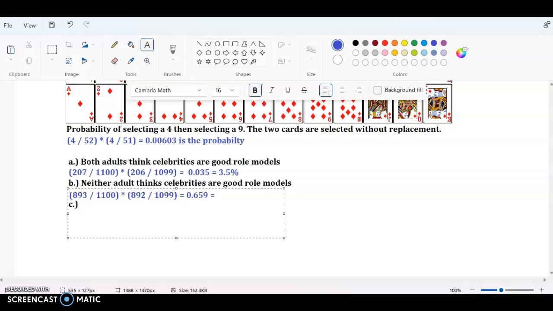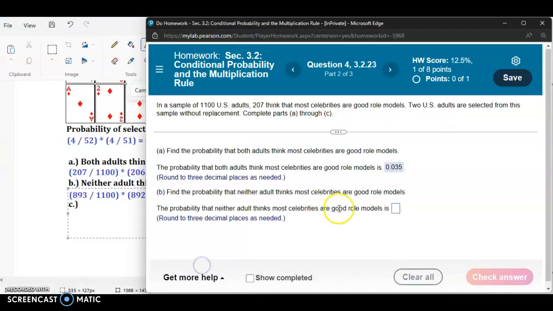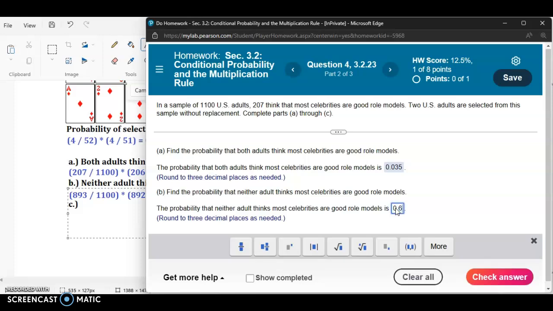Which if you convert that to a percentage is 65.9%. Some people understand percentages better than decimals, so it's a little better than a coin toss. But in any case, our answer that we input to MyStatLab is 0.659.